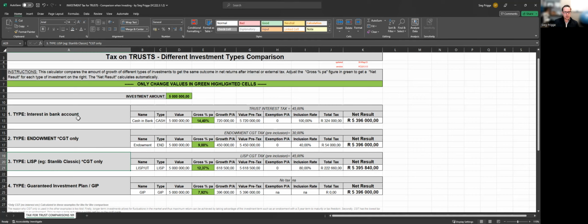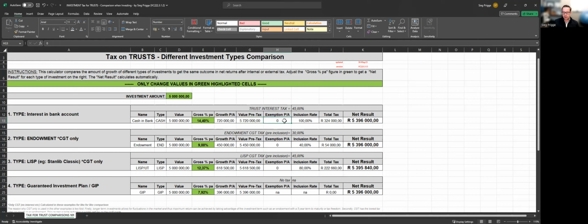If we use a bank account and we get 14.4% return on the 5 million, which is obviously too high in current terms, you don't get this kind of interest in a bank account in South Africa at the moment. You used to maybe around 1999, but that's a topic for another day. So that's a 720,000 Rand return, your value pre-tax before you've paid tax. Exemption: there's no exemption.